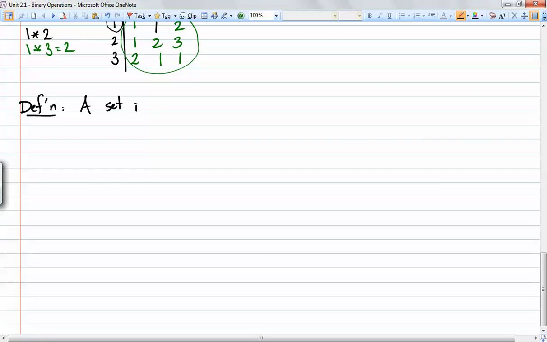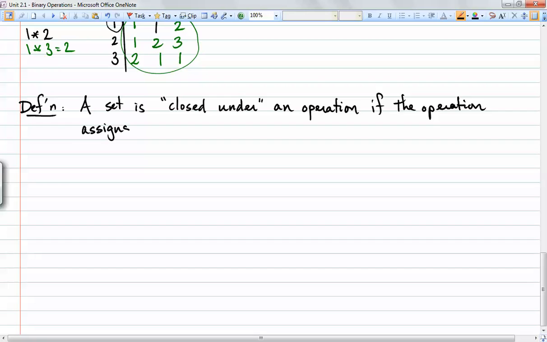A set is closed under an operation if the operation assigns to every ordered pair of elements from the set an element of the set.